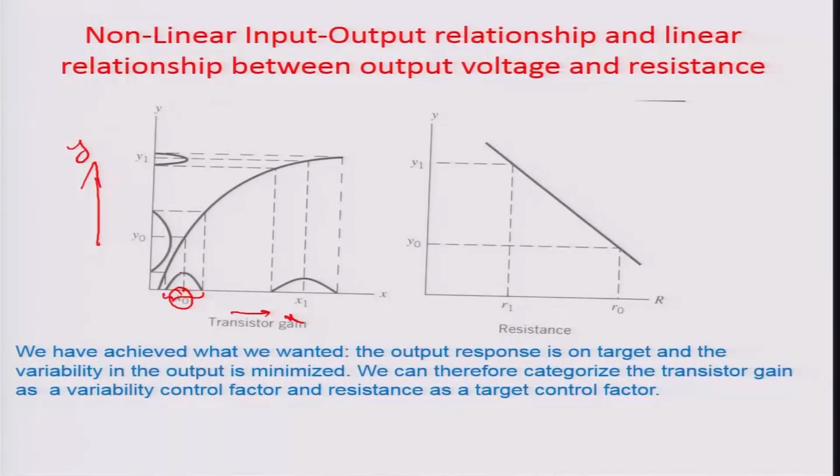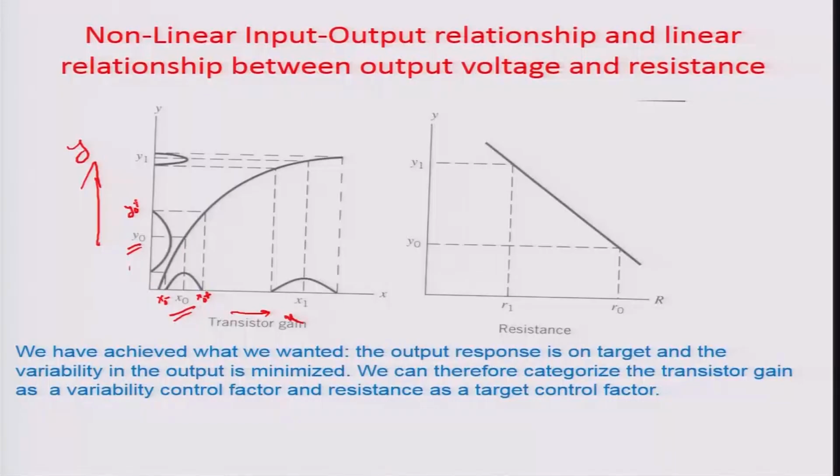This variation is with x 0 centered as the mean value. So, obviously at x 0, as we have discussed earlier, there is going to be an output voltage y 0, but because x 0 is varying between, let us say, x 0 minus and x 0 plus, there is going to be some variation in the output voltage also.